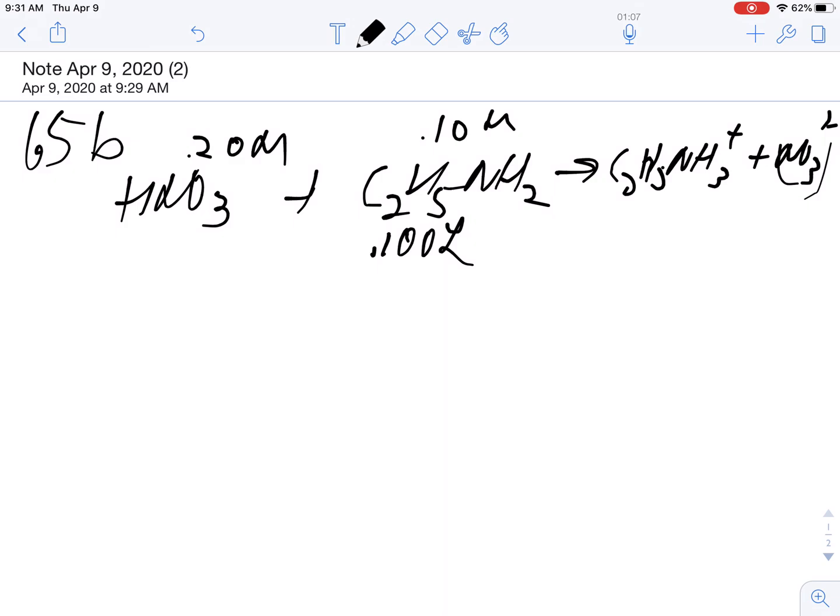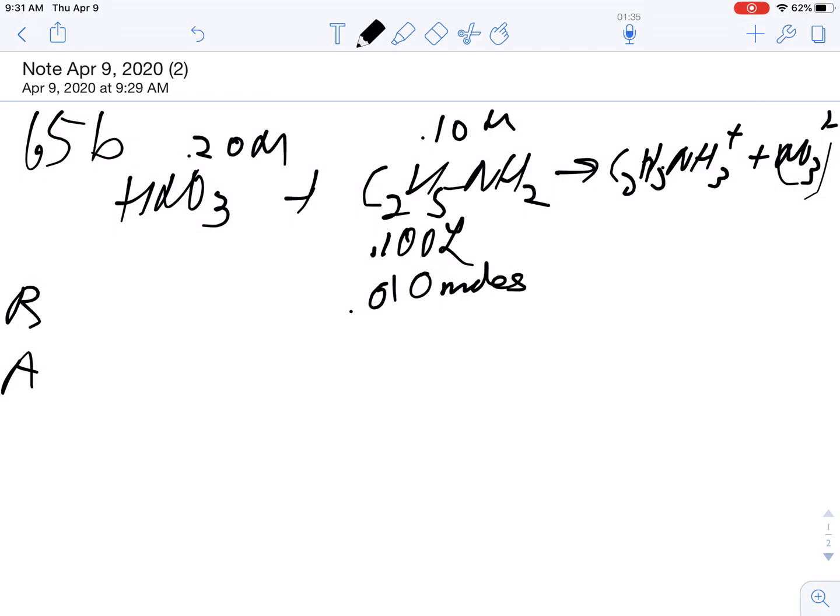So a before and after table has to be in moles. So I know I've got this many moles. I gotta do my sig figs. This many moles of my weak base to start with.